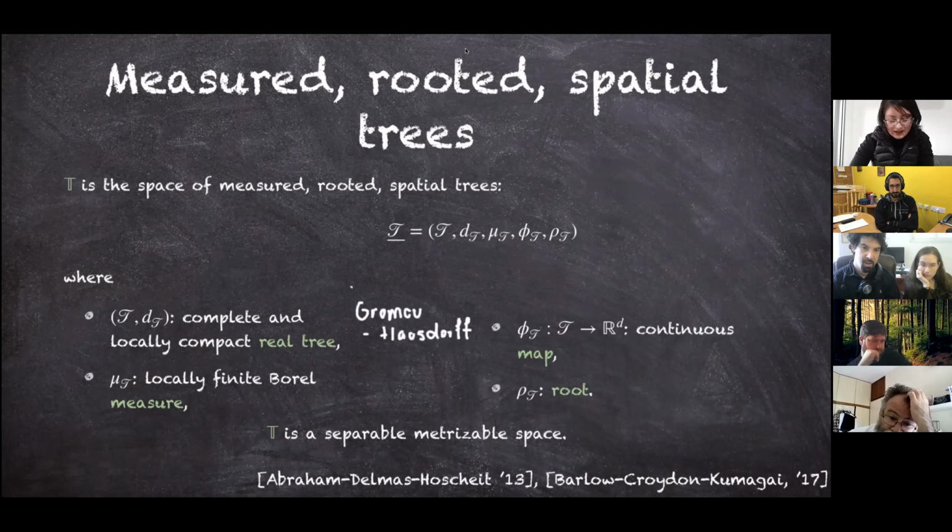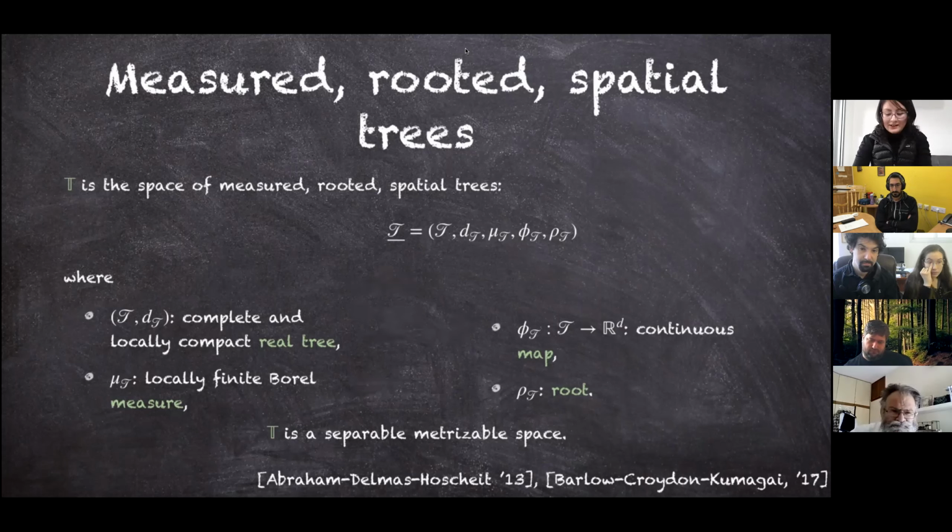And since we are rooted, this Gromov-Hausdorff distance also has a rooted version that compares these rooted metric spaces. And if we want to compare the measures, for this part we use the Prokhorov distance.